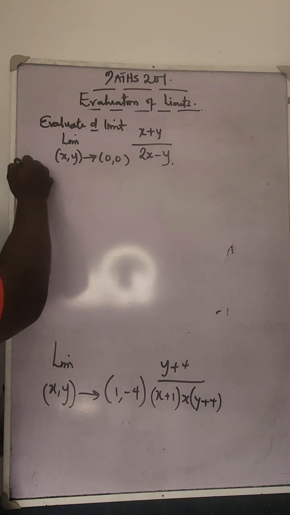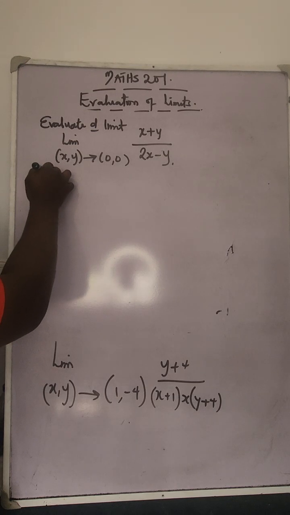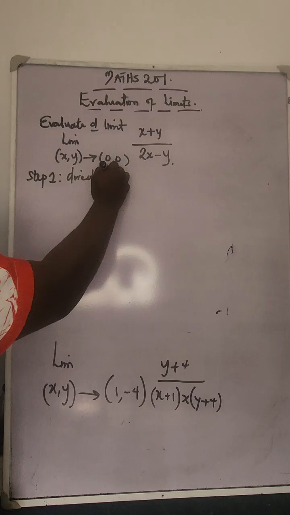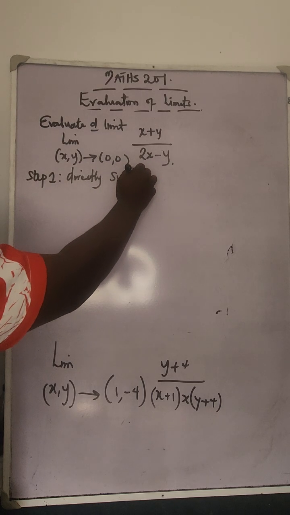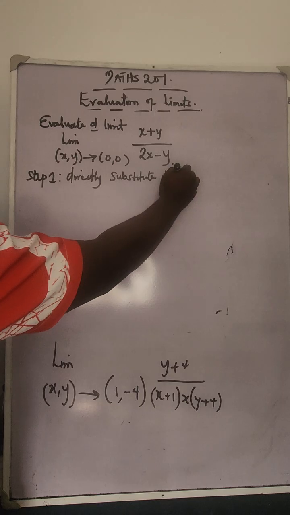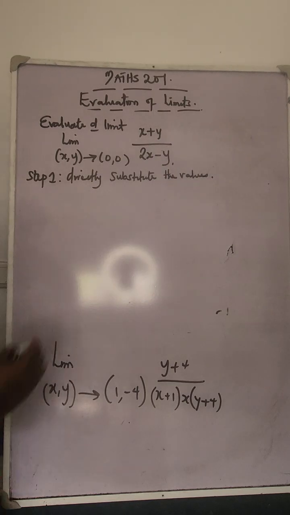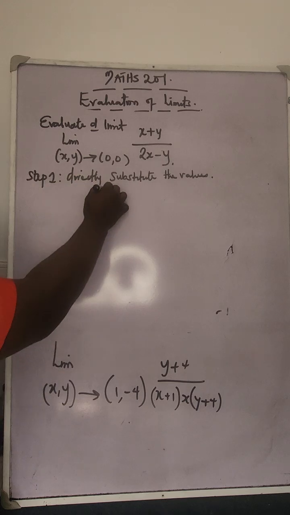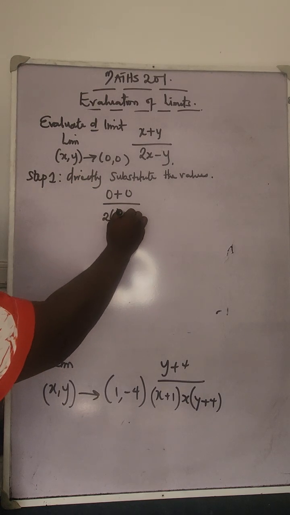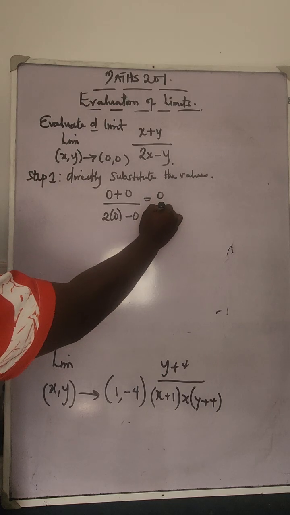Again, I said step one, directly substitute the values, right? When you directly substitute the values, what you're going to be having is 0 plus 0 over 2 into bracket 0 minus 0, which is 0 over 0.